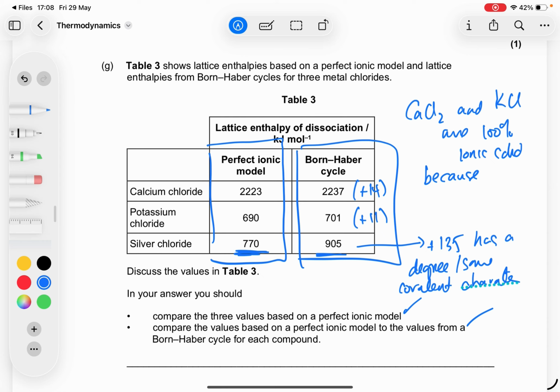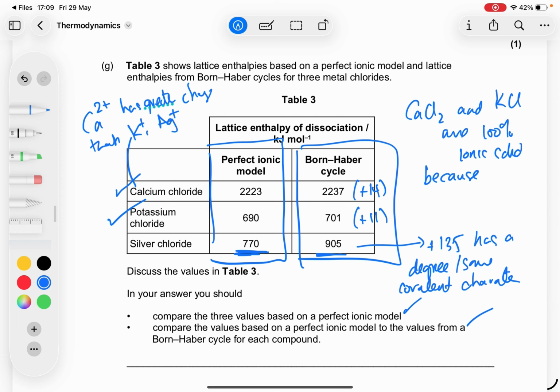So can you see what I've done? I've compared that. Then now let's look at their values. In both of the models, calcium chloride has the highest value and potassium chloride has the lowest. So the strongest ionic bond is calcium chloride, and the reason is because calcium ion has greater charge than potassium ion and silver ion.